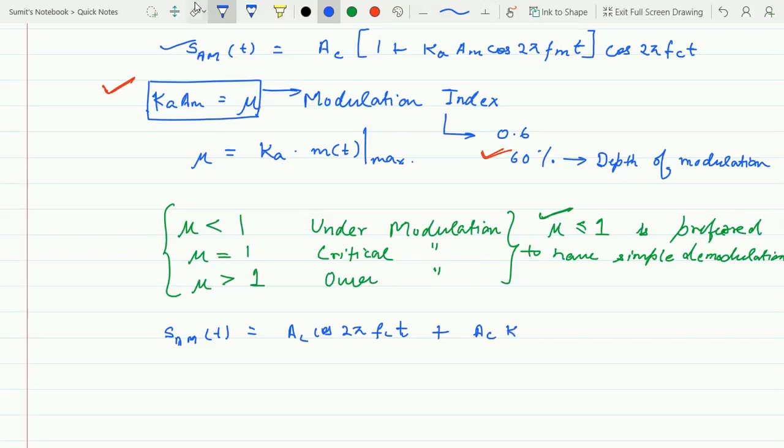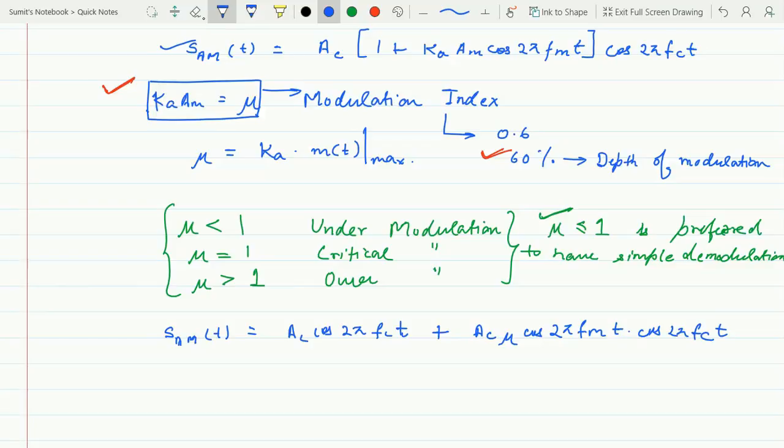I'll not write K_AM this time; instead of K_AM, I will use mu. So mu cos 2 pi F_M t into cos 2 pi F_C t.